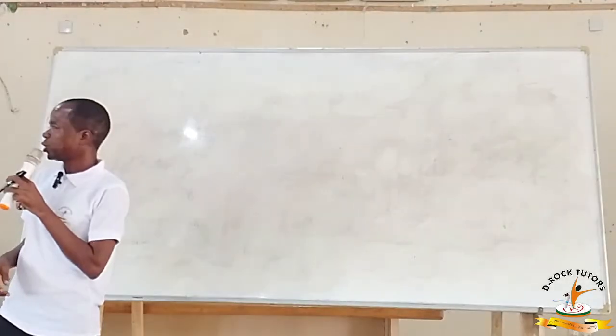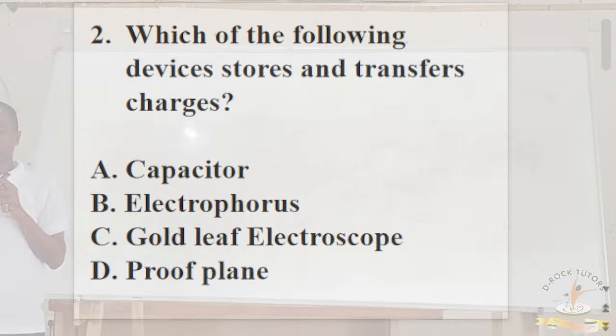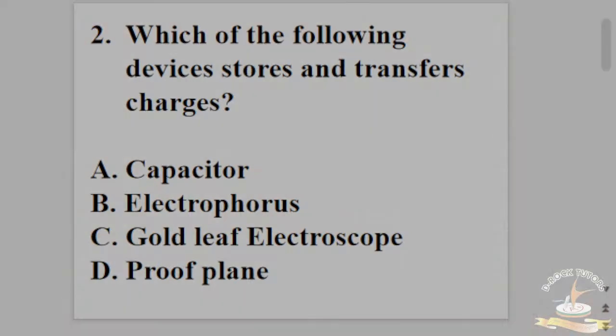If you look at option B, which is the correct answer, an electrophorus is a device that does three major things. An electrophorus not only stores charge, it also aids in transferring the charge. And the third one is that an electrophorus also aids in producing charges by electrostatic induction.